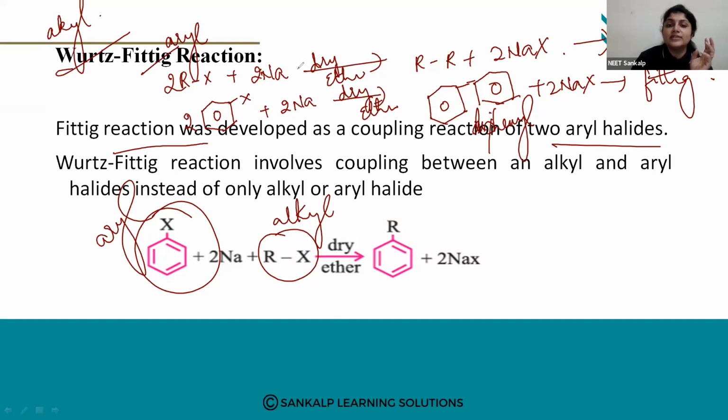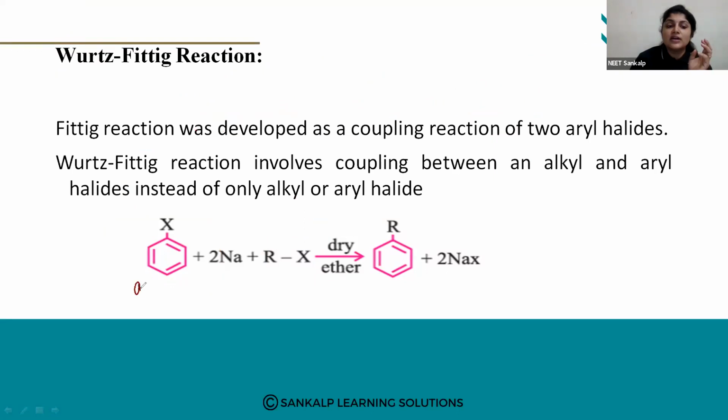Here you can see the reaction: an aryl halide is treated with an alkyl halide and sodium in the presence of dry ether. So this is the Wurtz-Fittig reaction, plus 2NaX. It involves the coupling between an alkyl and an aryl halide instead of two alkyl or two aryl halides. This is a very important reaction.